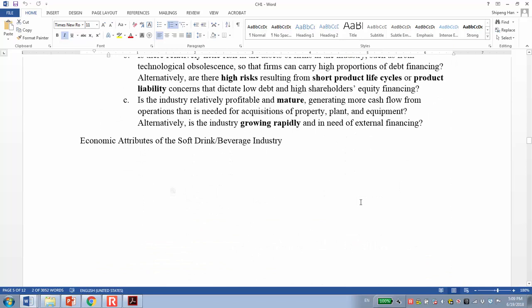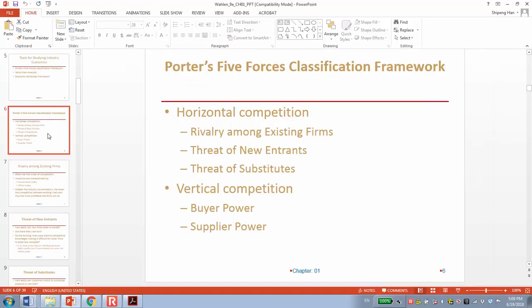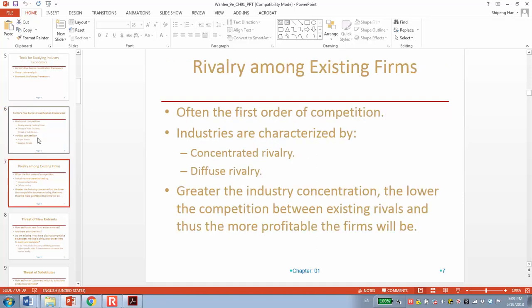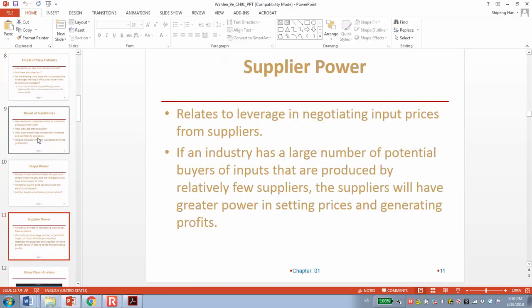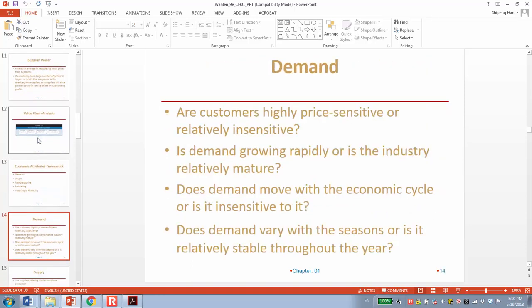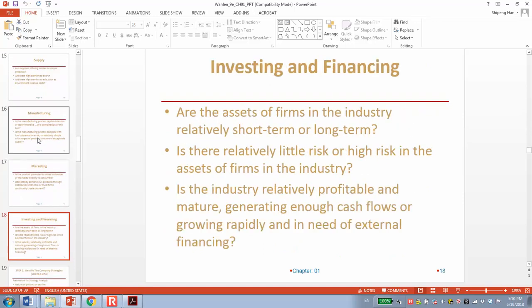Okay, so these tools are very useful for you to analyze the company's external environmental factors. Actually, the PowerPoint explained the 3 methodologies. So that's part 1, step 1.